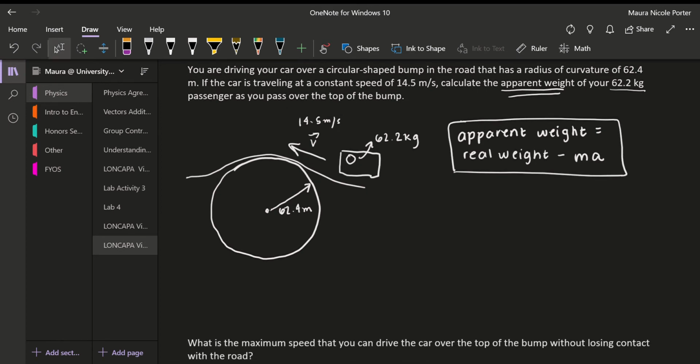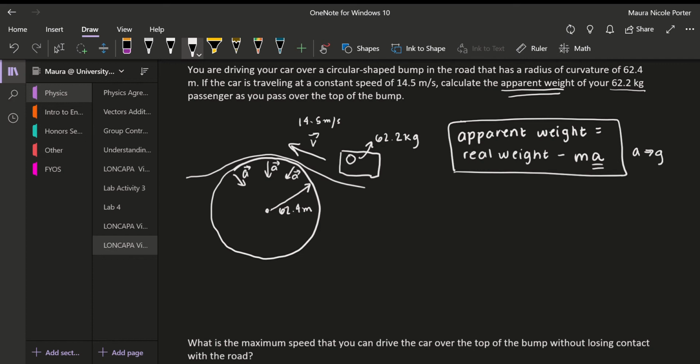So the acceleration piece of this is actually just going to be gravity, because if we think again about our acceleration vectors, they all point radially inwards, which is going to be the same as gravity if you were to draw the free body diagram. So we're just going to change this a into g.